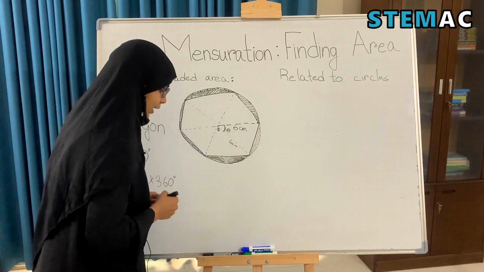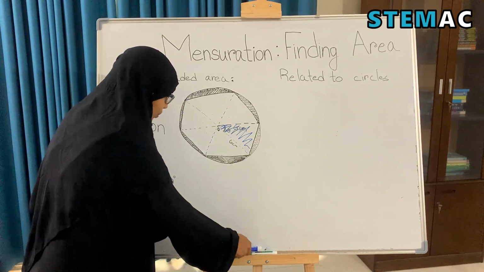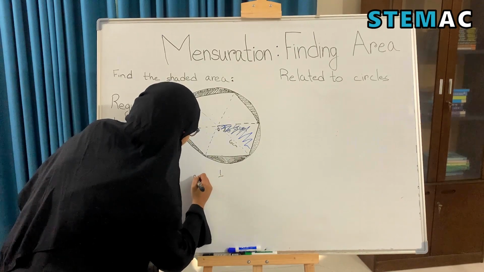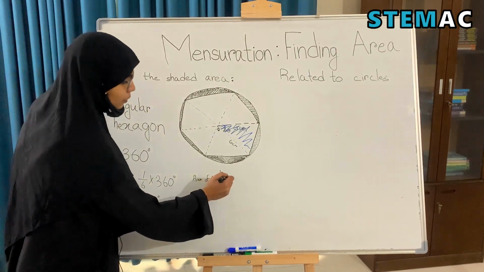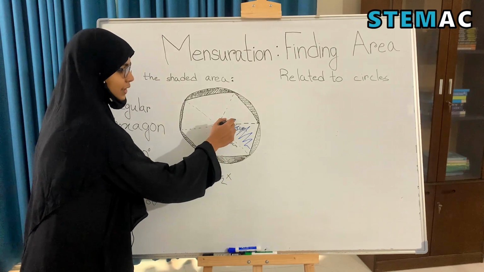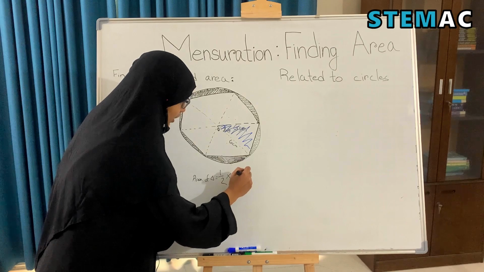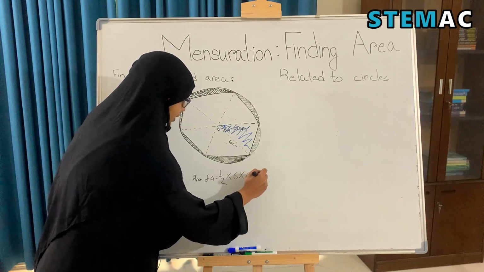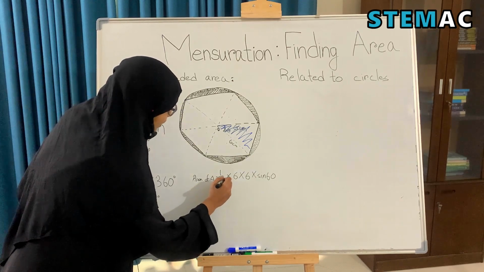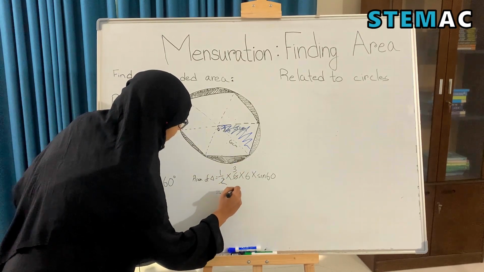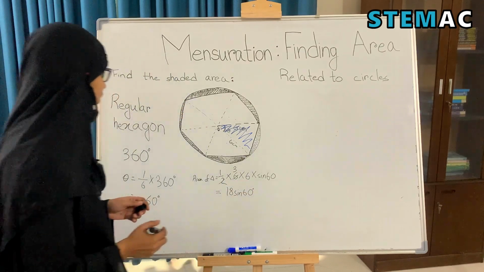So the area of this triangle, if I mark it blue, would be half into 6 into 6 into sine 60, half ab sine C, if you remember it. That makes 18 sine 60.